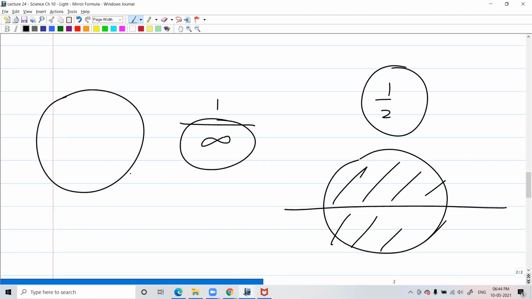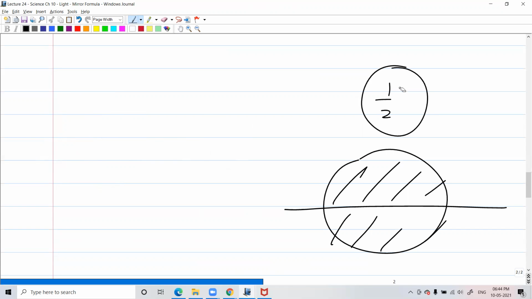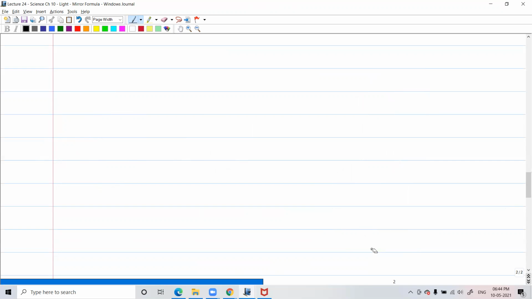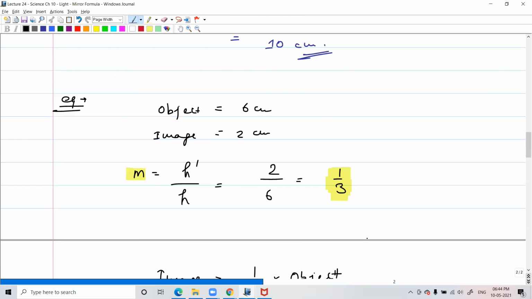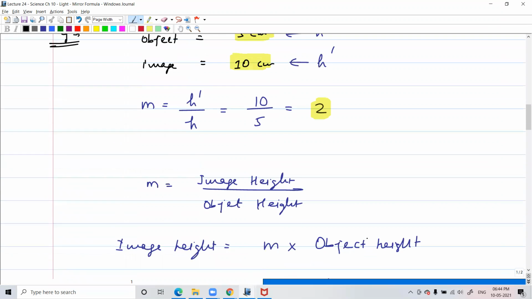You will have to divide it into infinite number of parts, which means you'll have to bring it into point size. So no one will get anything. So anything by infinity is always 0. So in terms of maths also, if your object is infinity, magnification will become 0. But you will not get a question like that. Object will never be infinite size. Okay.